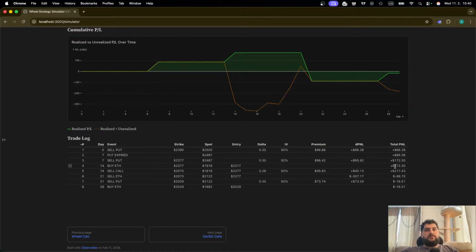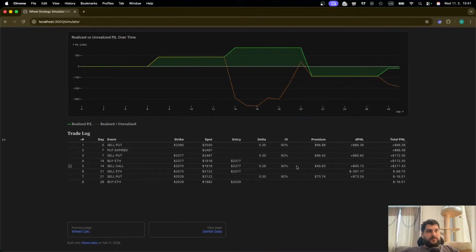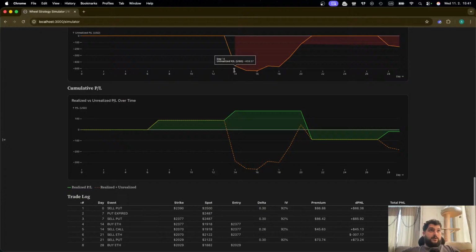If we take a look at if we are not selling it, so we dropped immediately here to this difference. And then what happened then? Then we sold another call, so we earned more premium on the day 14, right? Here is the one. And we were already plus 200 by premiums, but we were at the same time minus 400 by unrealized PNL.